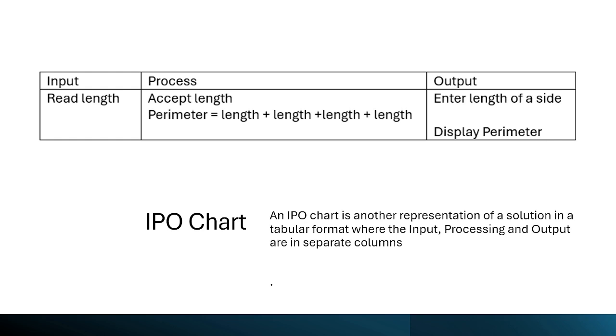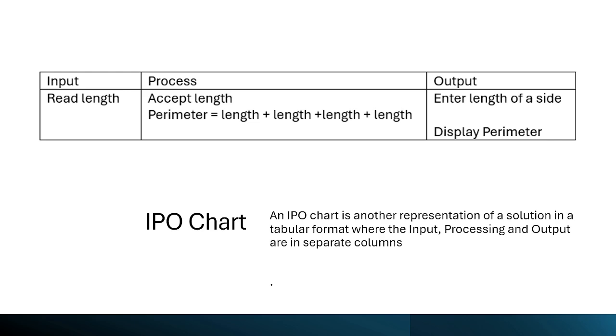So, where we could not be ambiguous and where we could be more meticulous and pay more attention to detail, we give exactly what is needed. So perimeter equals length plus length plus length plus length. If you wanted, you could have said perimeter is equal to length multiplied by 4.